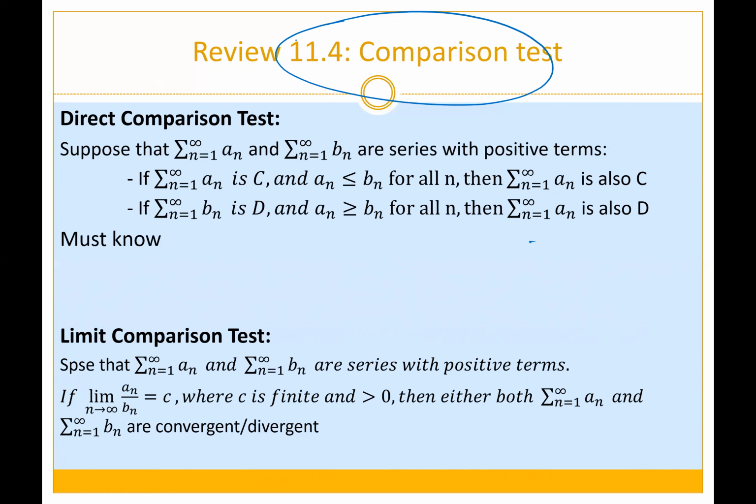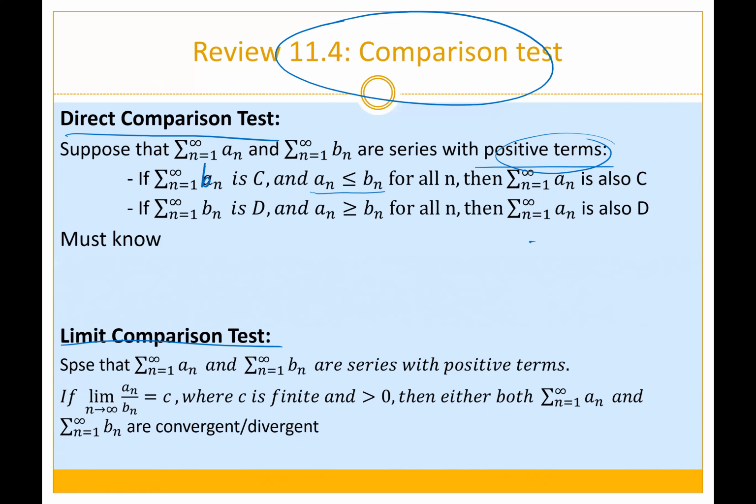So for the comparison test, we have two parts, the direct comparison test and the limit comparison test. The direct comparison test allows us to compare directly two series with positive terms. If the sum of bn is convergent and all terms in the sequence an are smaller than or equal to bn, then the smaller series is also convergent. Hang on, I think I made a typo here.